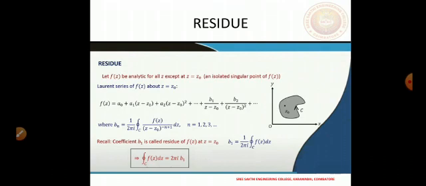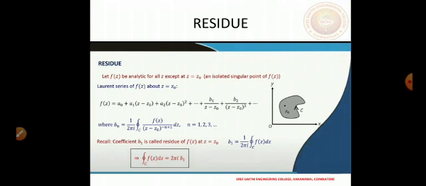And just to recall, we have mentioned here the coefficient b1, the first coefficient, the coefficient of 1 over z minus z naught. There it is called the residue, and now we will go more into the details of what the different kinds of residues are, how to evaluate residues, and what the applications of the residue are.